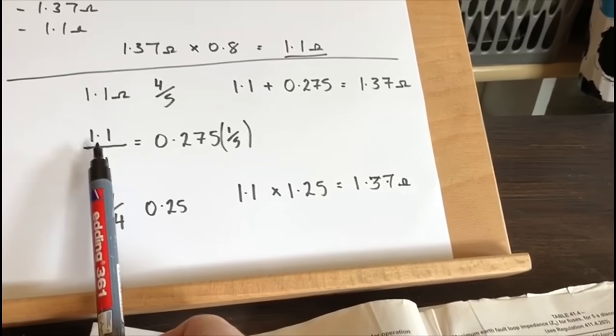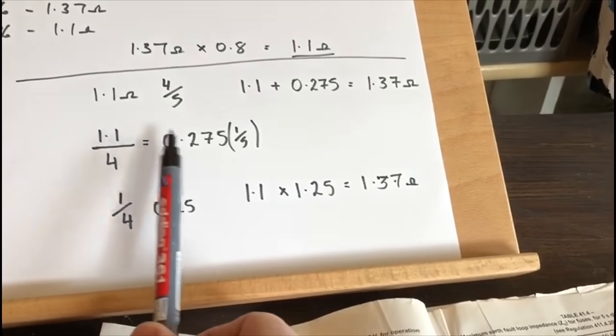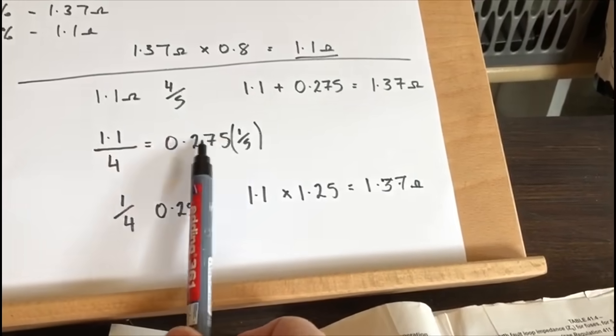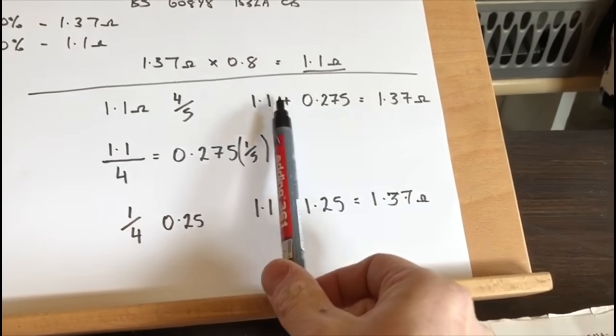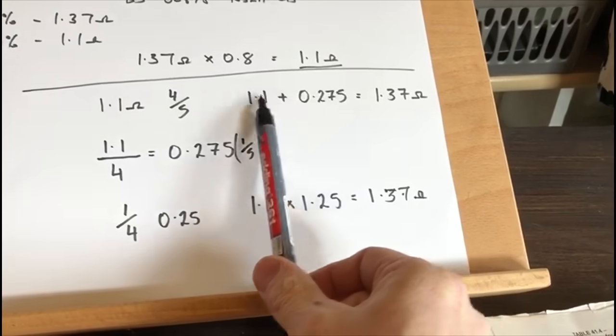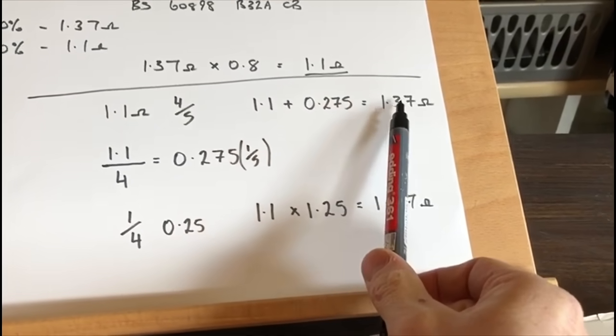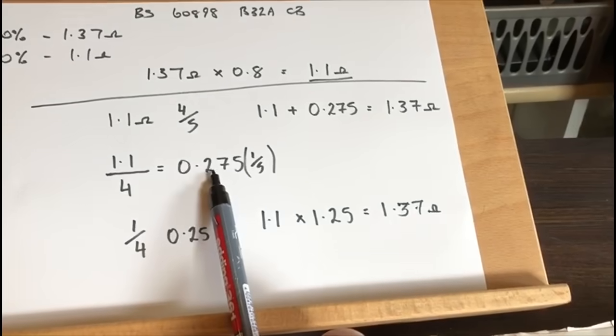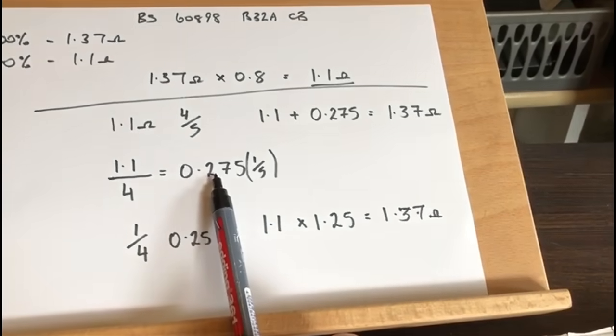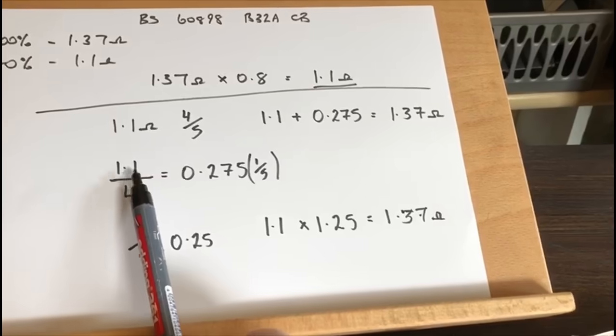So we've worked out what the missing fifth is, which is actually 0.275, and so we've just added that to the 1.1, so that gives us our 100% value, which is 1.37. To find this, we've needed to find out what a quarter of 1.1 is.